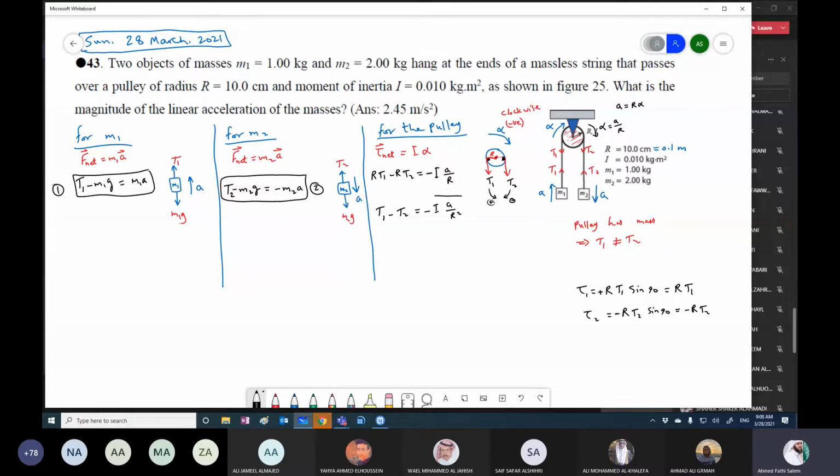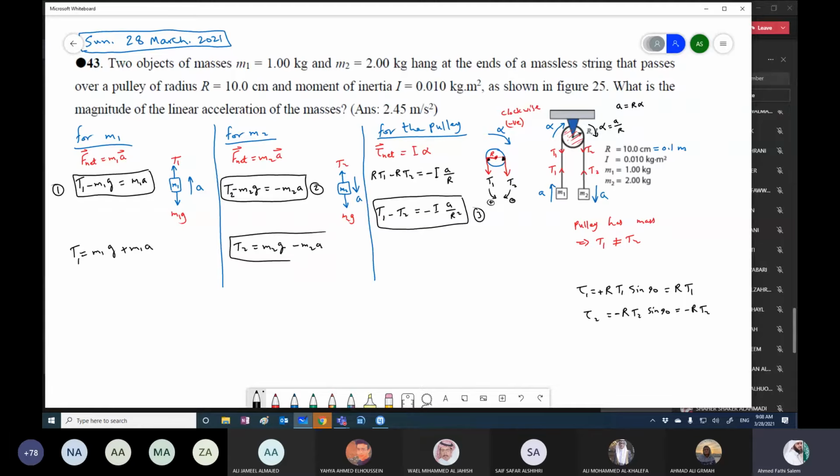And this is equation number 3. Okay, so from here you will get that T1 equals M1G plus M1A. And from here you will get that T2 equals M2G minus M2A.